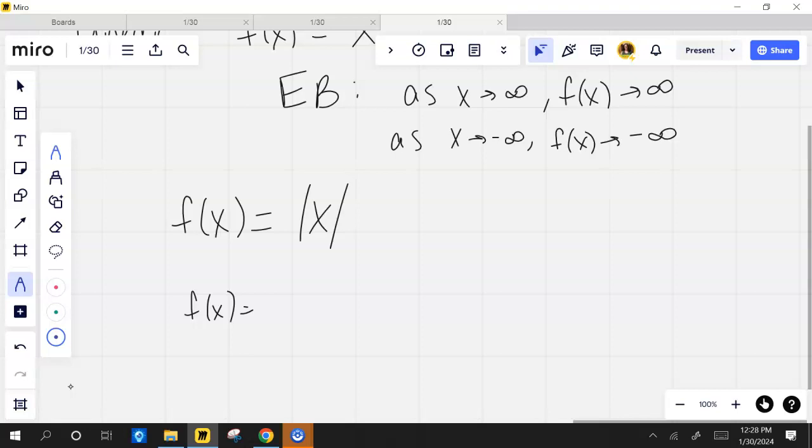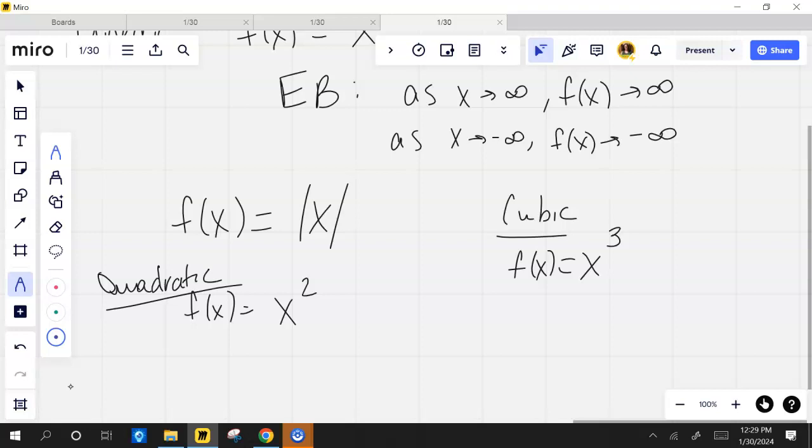All right, how about quadratic? What's the parent function? X squared. Cubic. This is why we're kind of rushing through these first ones, because they're super duper easy.